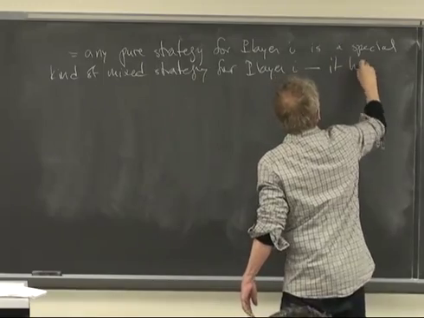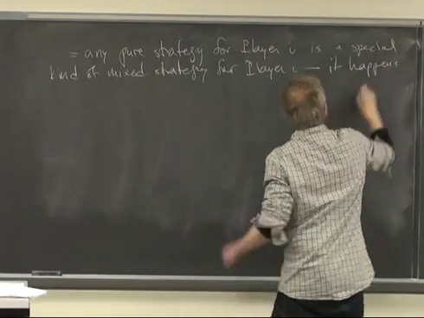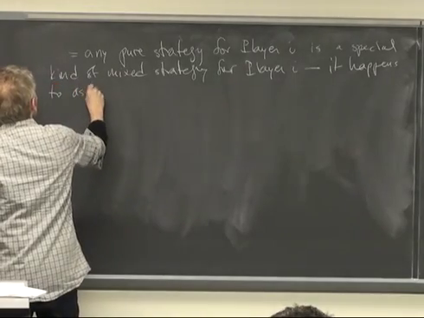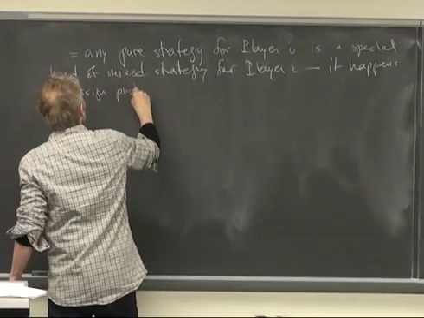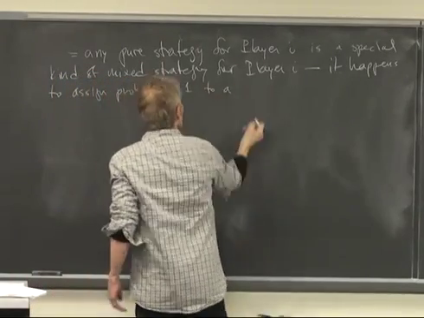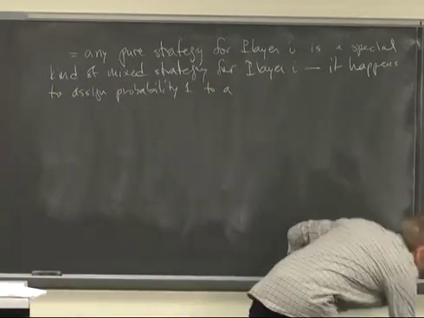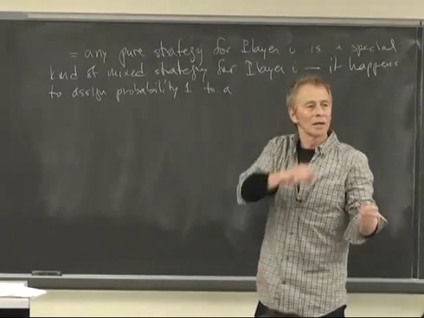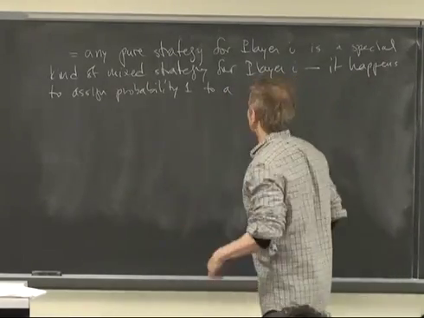It happens to assign probability 1 to a single action. So, in other words, you can think of it as a mixed strategy that says I'll play this action with probability 1 and all these with probability 0.